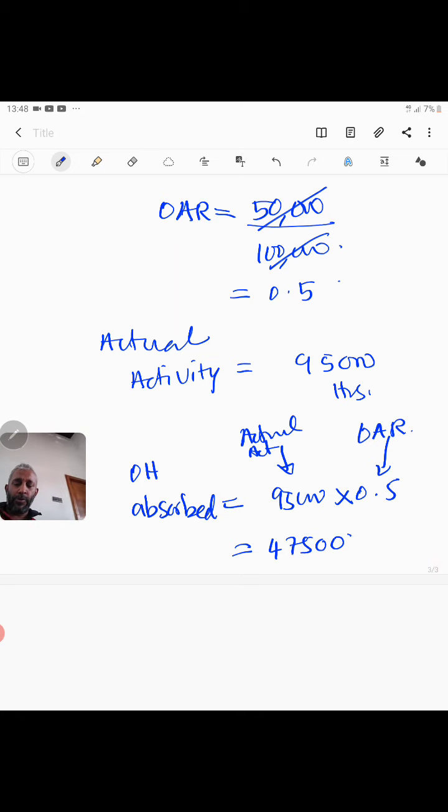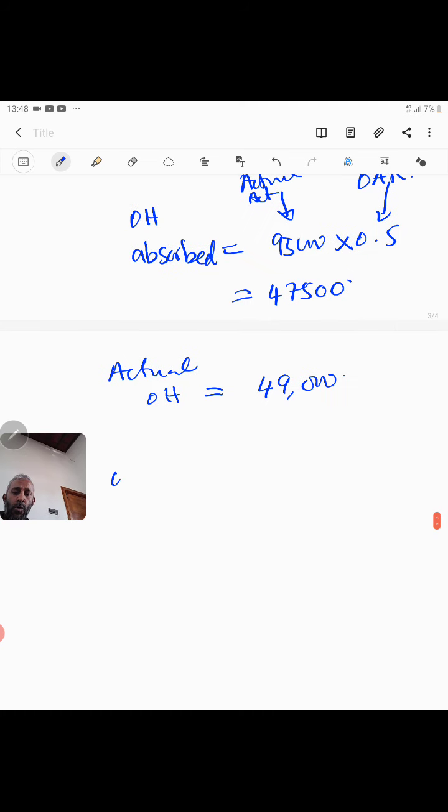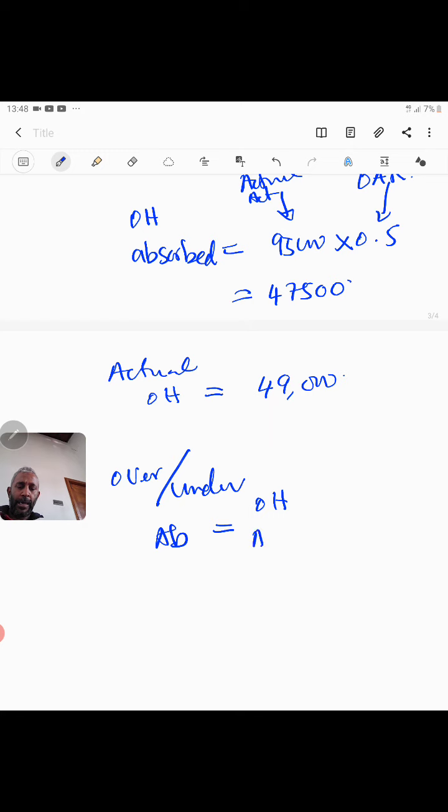And they also give you the actual overhead. Actual overhead is 49,000. Now we have to calculate over or under absorption. The formula is overhead absorbed minus overhead incurred. Overhead absorbed, we calculated here, 47,500.